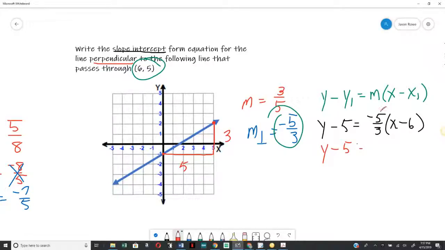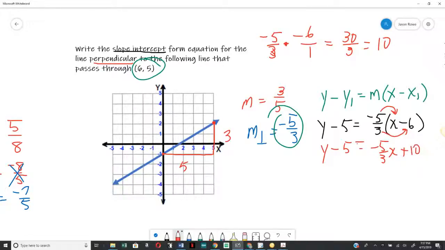So we're going to distribute. We got -5/3 x. And then we'll do a little work up here at the top of -5/3 times -6. That's going to give me 30/3, which equals 10. So that'll be plus 10.